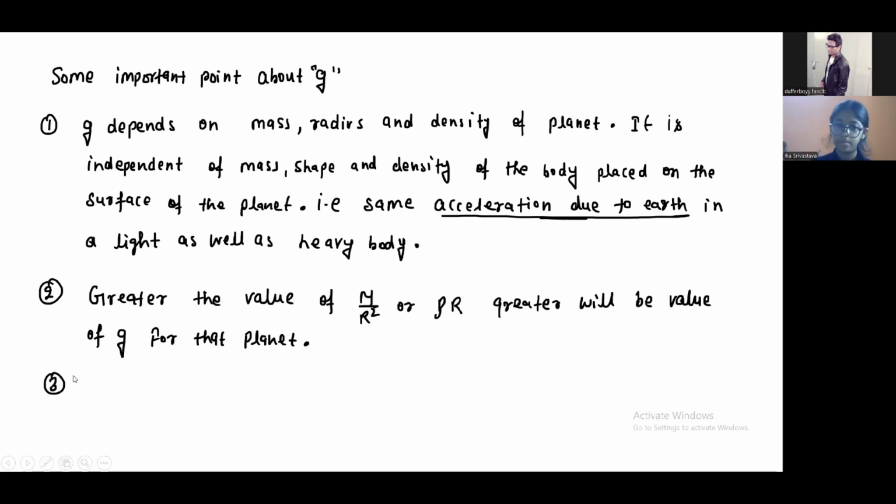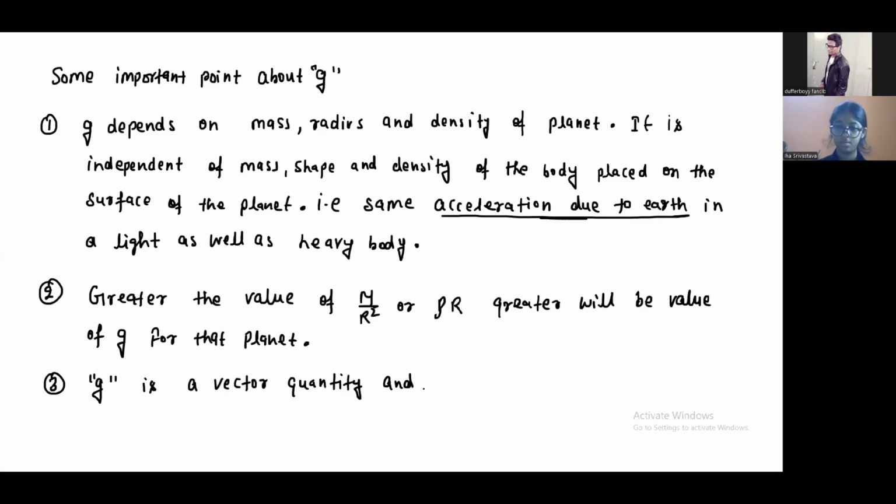Right, on the third point: the acceleration due to gravity is a vector quantity, because acceleration is a vector quantity. And if any quantity is a vector, it has a direction.